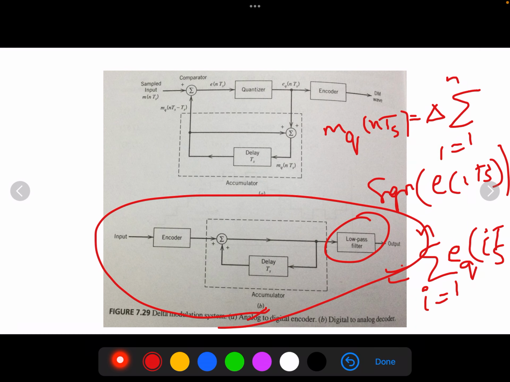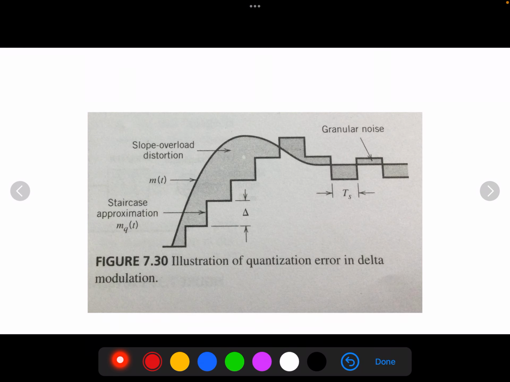One is the slope overload distortion and another one is the granular distortion or granular noise. First we will take up the cause for slope overload distortion and then the granular noise. In the previous equation, the digital equivalent of integration represents the accumulation of positive and negative increments of magnitude delta.